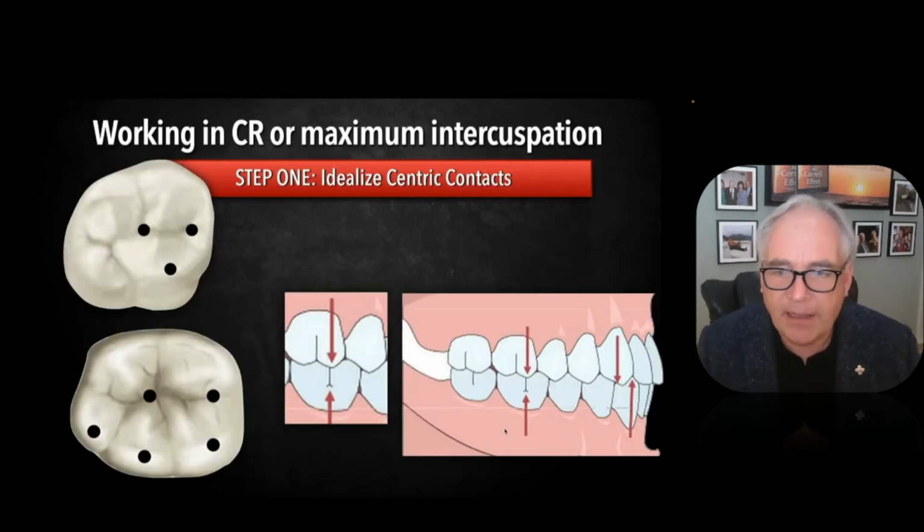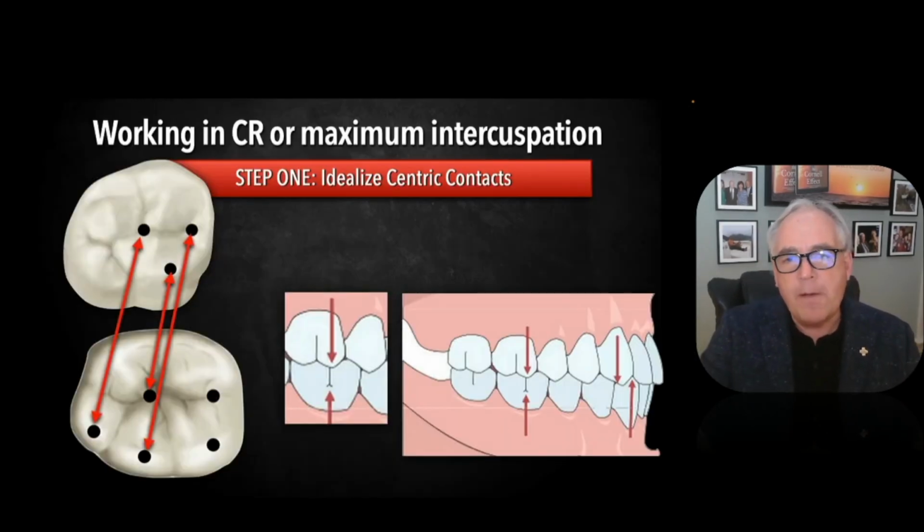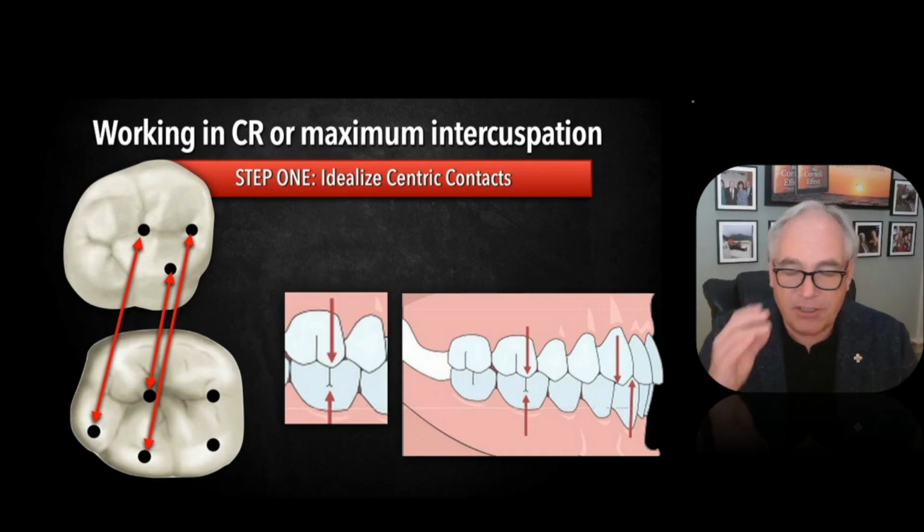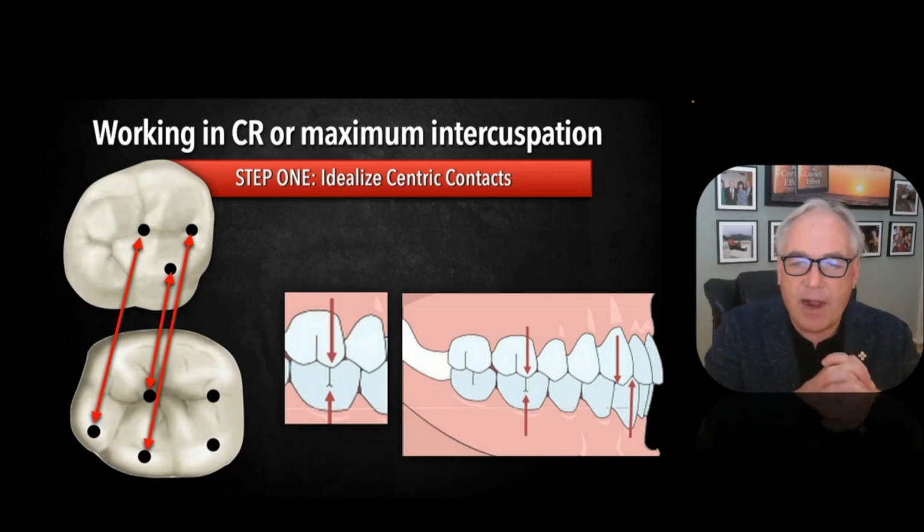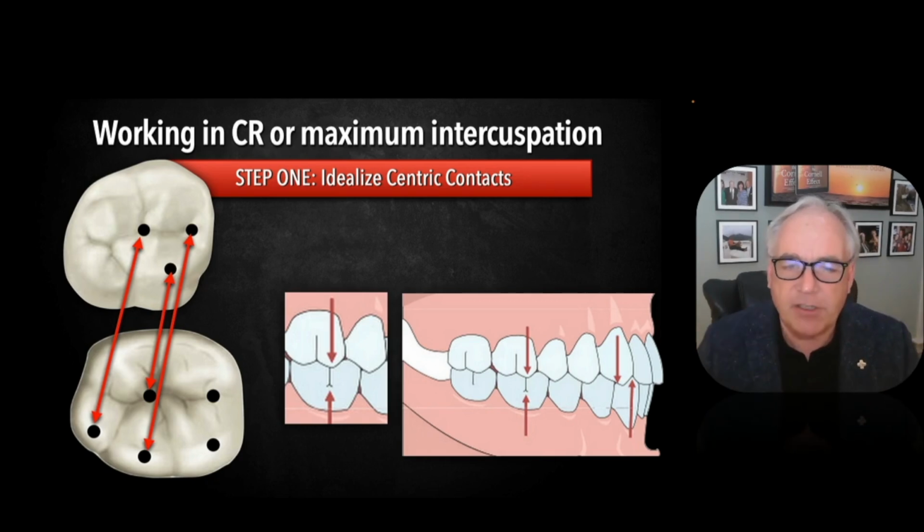So again, thinking about this a little bit further, the first thing we want to think about is the ability to idealize centric contacts. And you can start doing this on single teeth. Your next composite, your next crown. It's a very good idea before you do anything to put paper in there and just have them bite and see where the marks are.